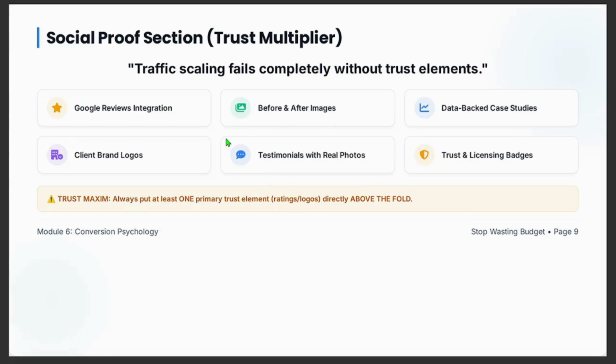Here are some high performing social proof types: Google reviews, before and after images, case studies, client logos, testimonials with real photos, and trust badges. And here is a golden tip: always put at least one trust element above the fold, right where users can see it immediately. Remember this.